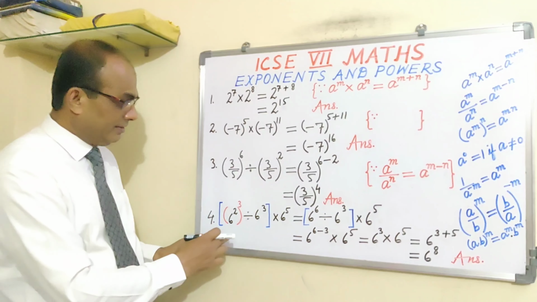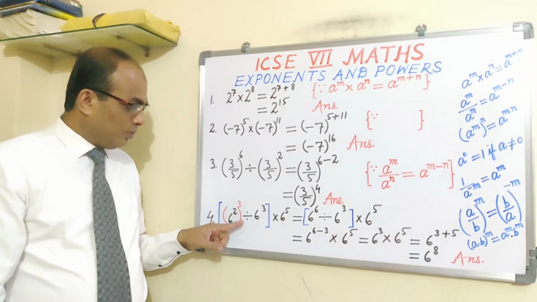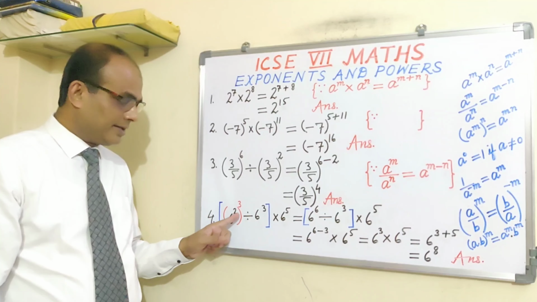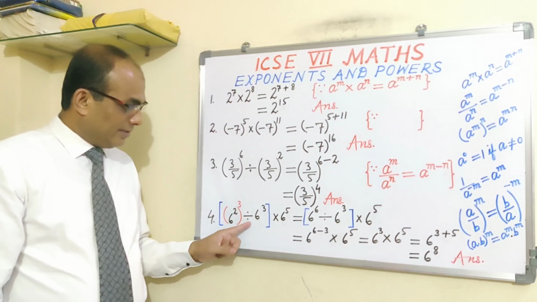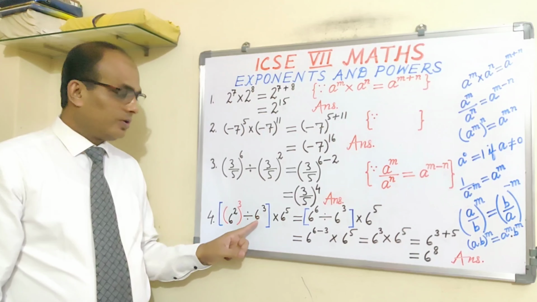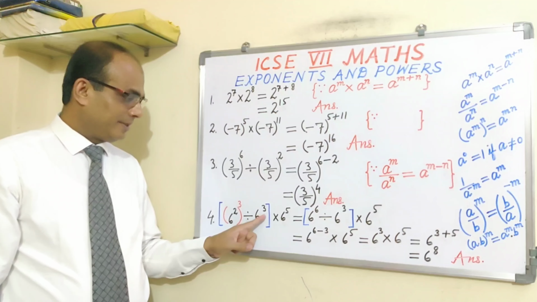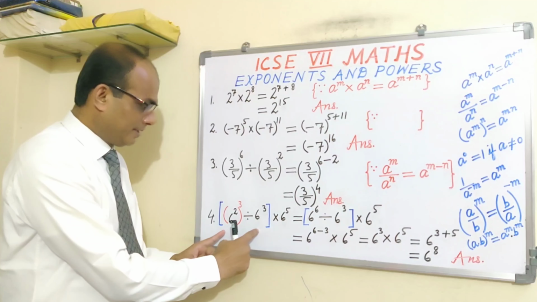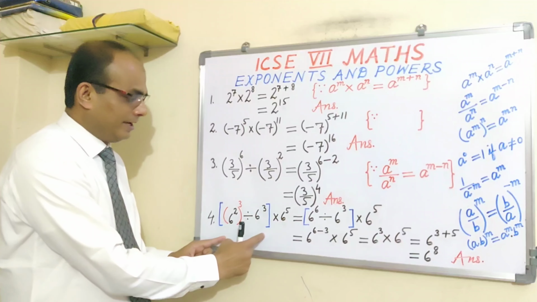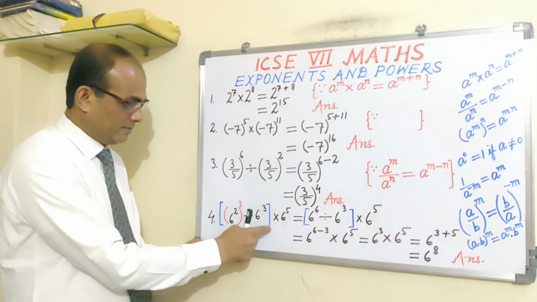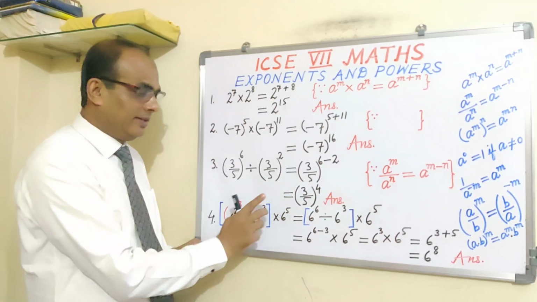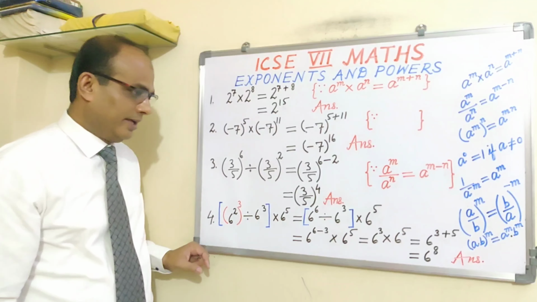Now see, the question is 6 squared whole raised to the power 3, the red bracket in the circular bracket, divided by 6 cube or 6 raised to the power 3, entire thing within this square bracket in blue, multiplied by 6 raised to the power 5. This is our question, this we have to simplify.